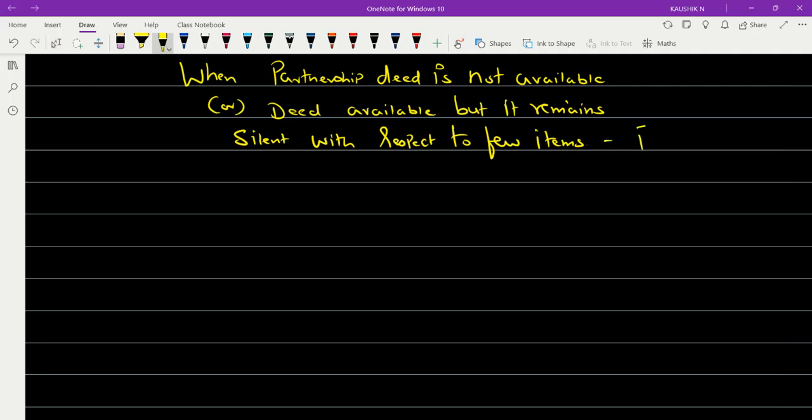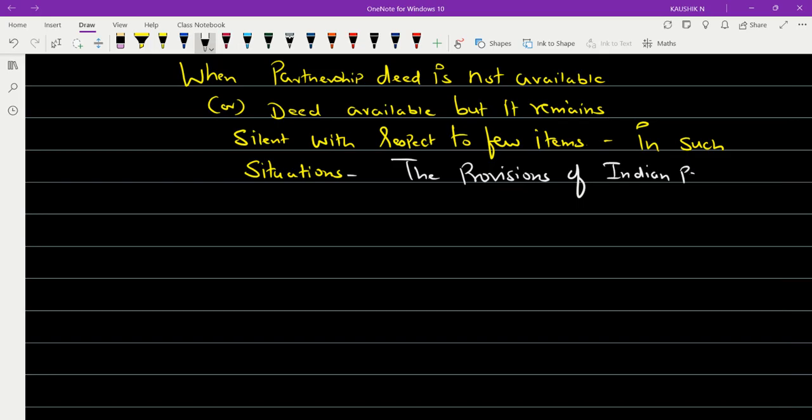In such a scenario, the provisions of the Indian Partnership Act 1932 shall be applied.